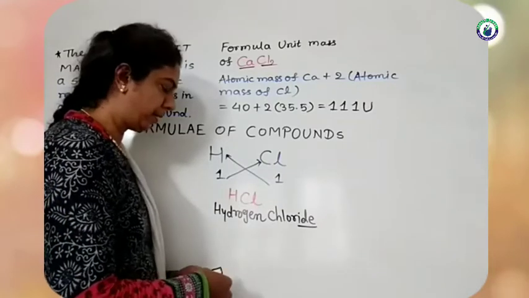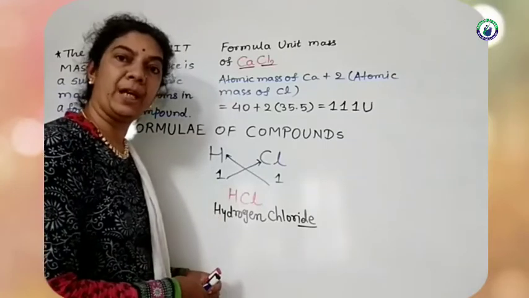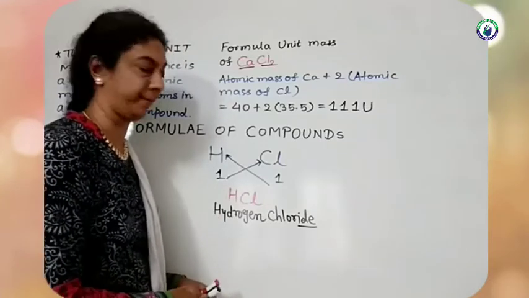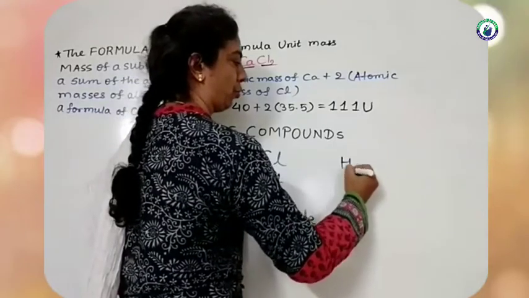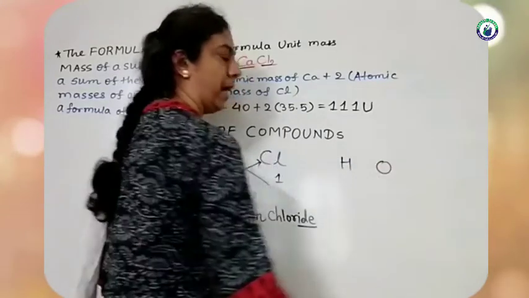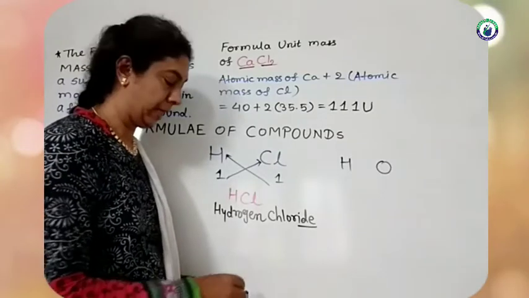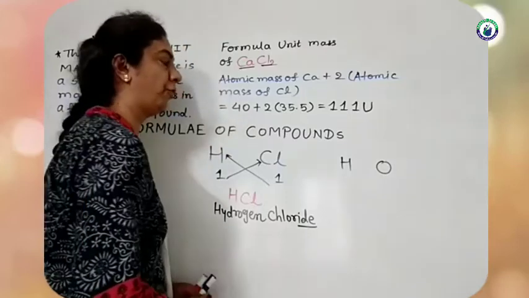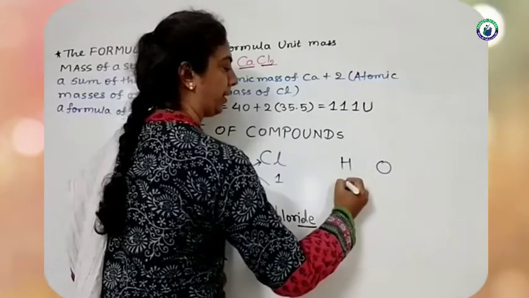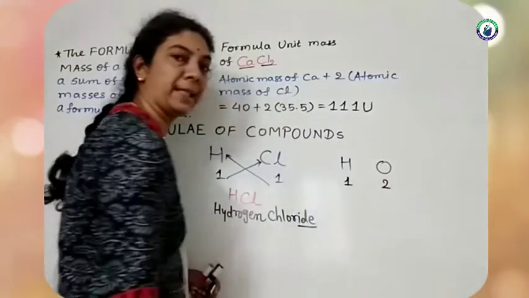Let us take another example. The common compound we are calling water. Water contains two elements, hydrogen and oxygen. Recall the valencies. The valency of hydrogen, as we have written just now, is 1 and oxygen is having 2.